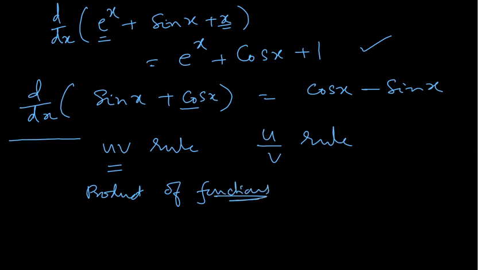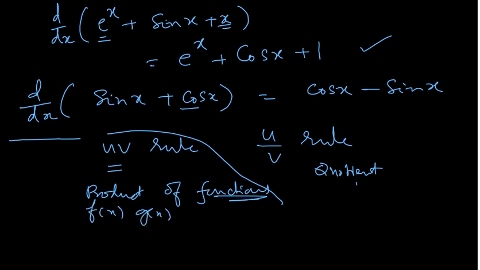That means two functions you are multiplying, then you use the UV rule. This one is the quotient rule, quotient of functions. That means this one will be like f of x into g of x, and this will be like f of x divided by g of x.